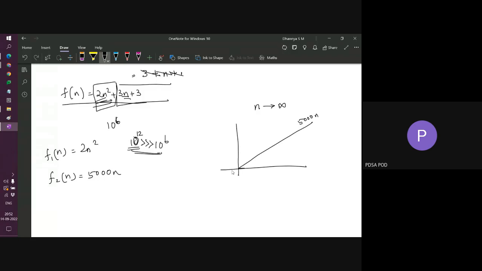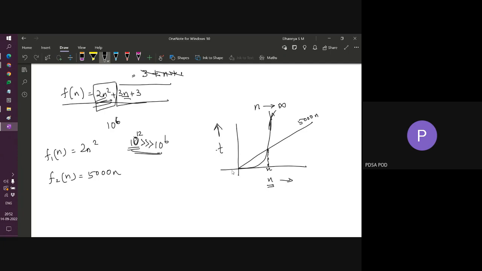And my 2n squared is coming from here, and at some point it crosses this. You can do the analysis and figure out what that value is. This is supposed to be a parabola. This is the x-axis, which is the size of the input, and t is the time taken for that algorithm to give the output for that value n.